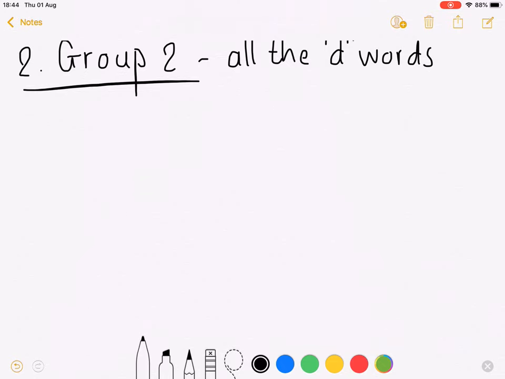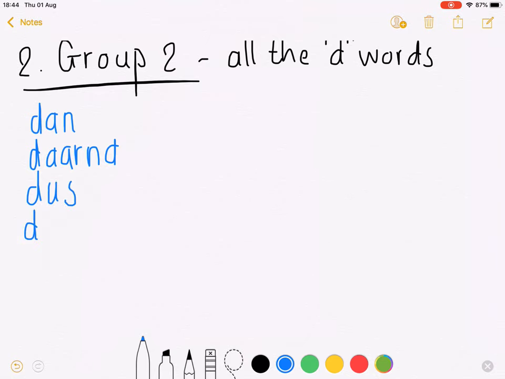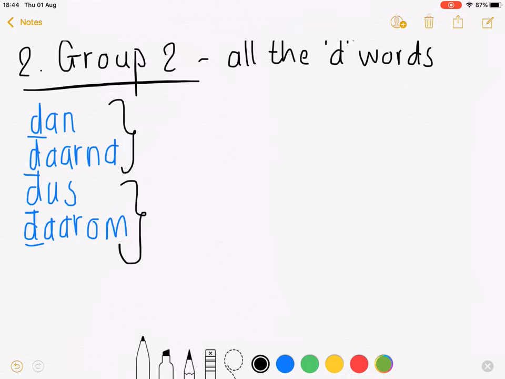But the D words in this case are dan, daarna, dus, daarom. All these words begin with the letter D. English translation, these two mean then, and this means therefore.